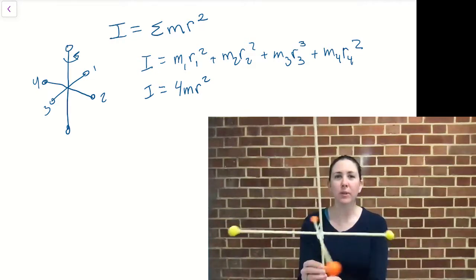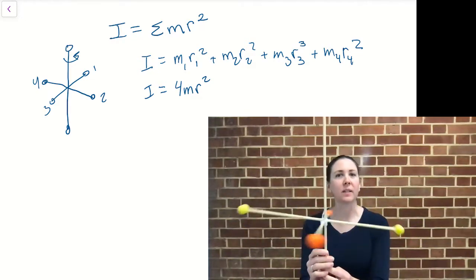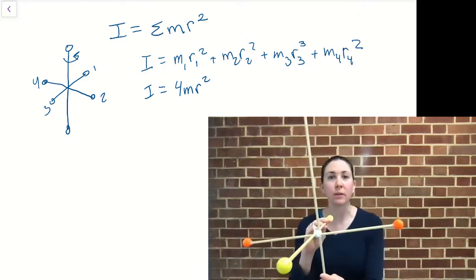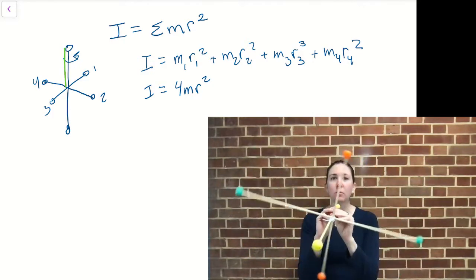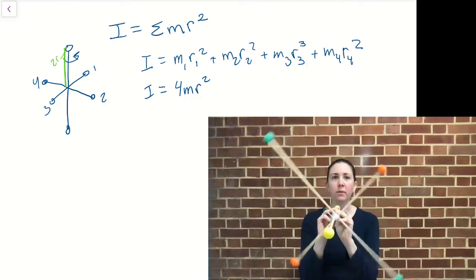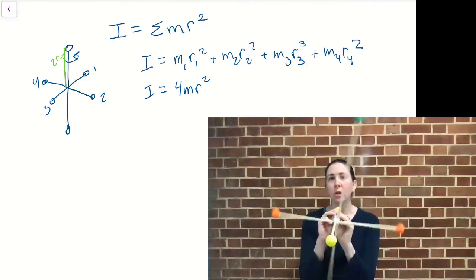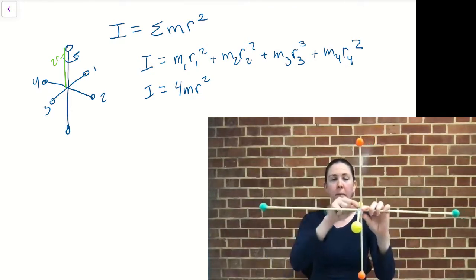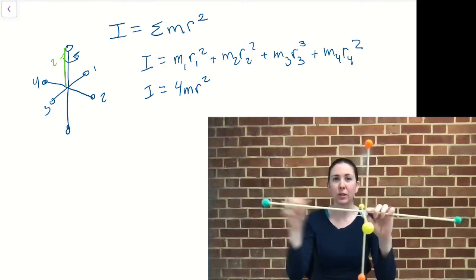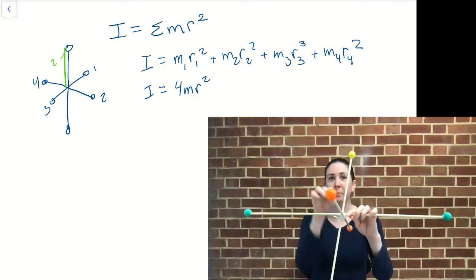So instead of rotating it around that long green axis, if I chose to rotate it around one of the other axes, such as this yellow one, the rotational inertia, or the moment of inertia, of this object will change, because my green dots are further away from my axis of rotation than my orange were.